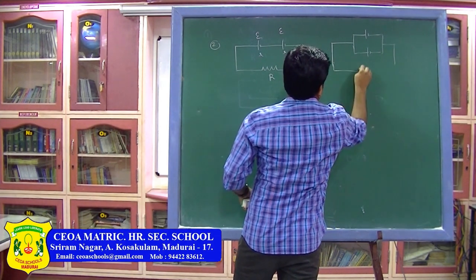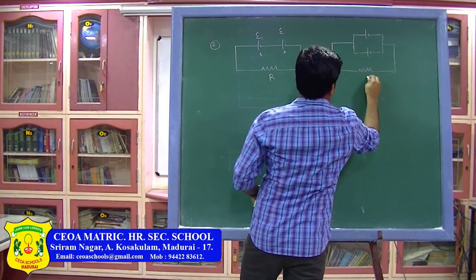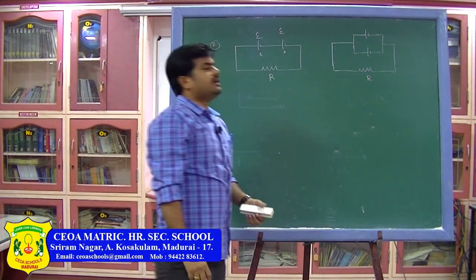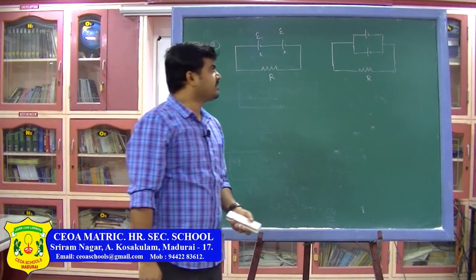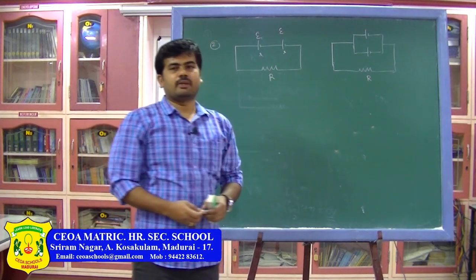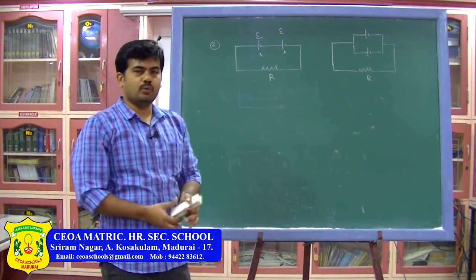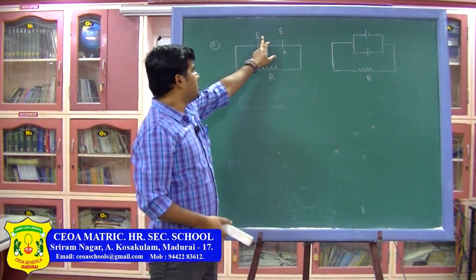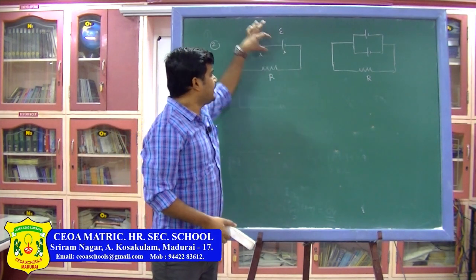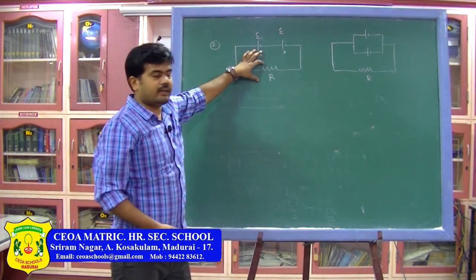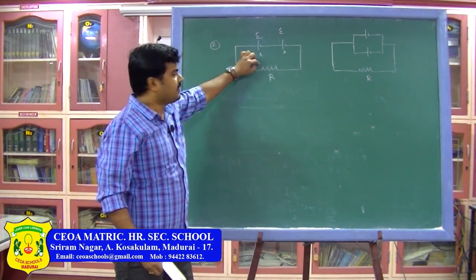It is found that the current in both cases is the same. Then determine the internal resistance of each cell. So this is the question. Here there are two identical cells of EMF E and internal resistance r, connected in series with an external resistor R in the first case.